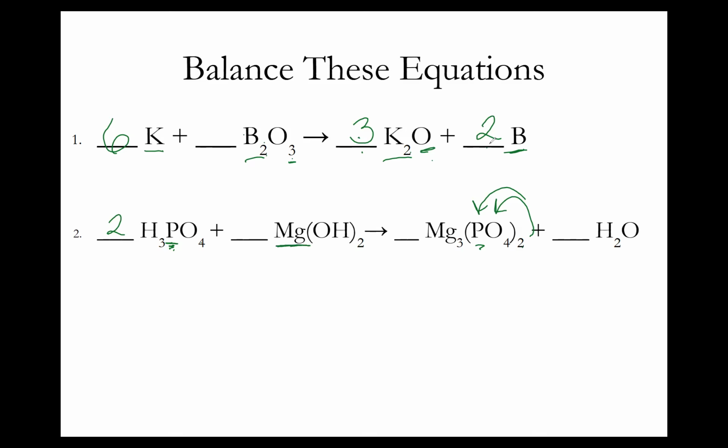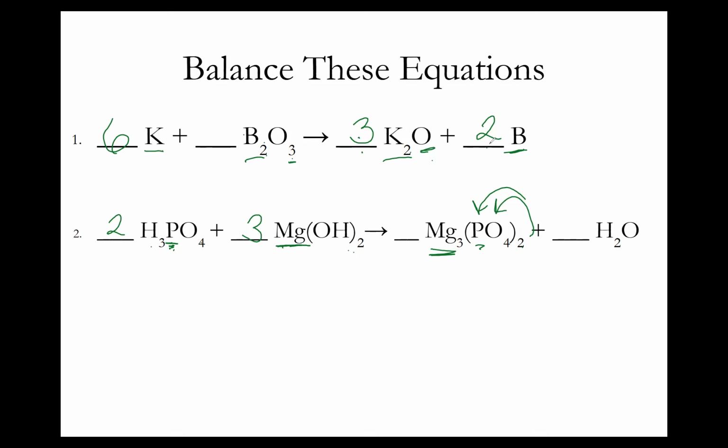So magnesium right here, I only have 1. Here I have 3. So what should I place in front of magnesium? A 3. 3 times 1 gives me 3. So now my magnesiums are balanced. Now I'm going to go to my hydrogens and balance them.